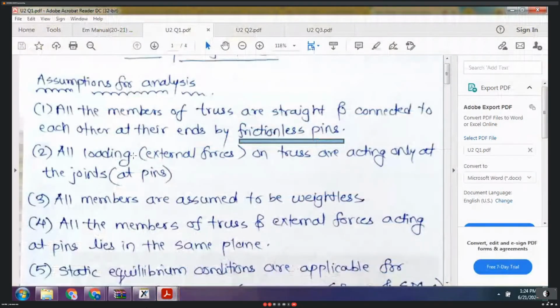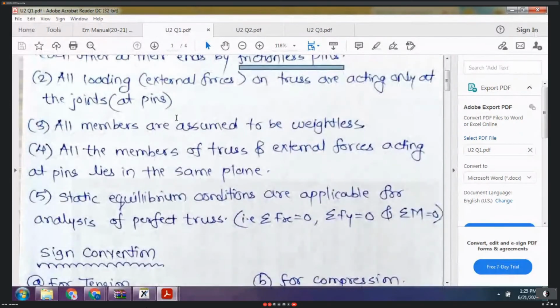All loadings, that is external forces, as I showed in the first figure, on the truss are acting only at the joints. Only on the pins, that is the joints, the external loads act. No load will be there on the member directly. The members are assumed to be weightless. It means that we are going to neglect the self weight of the member.